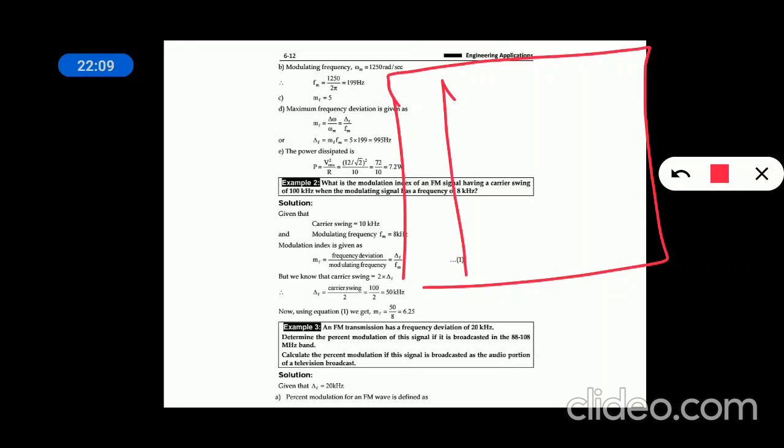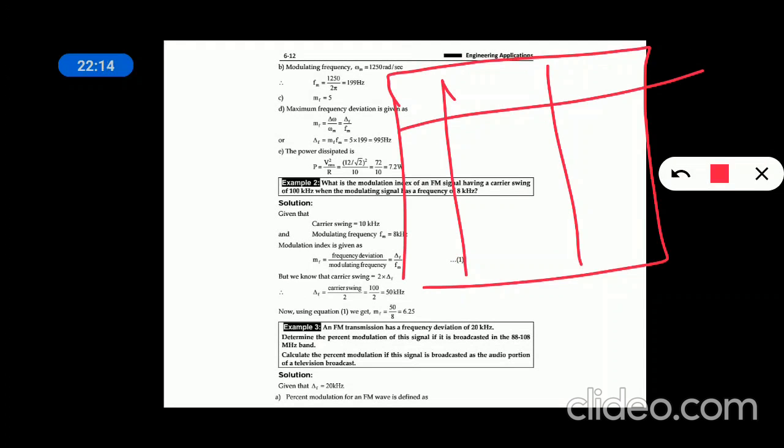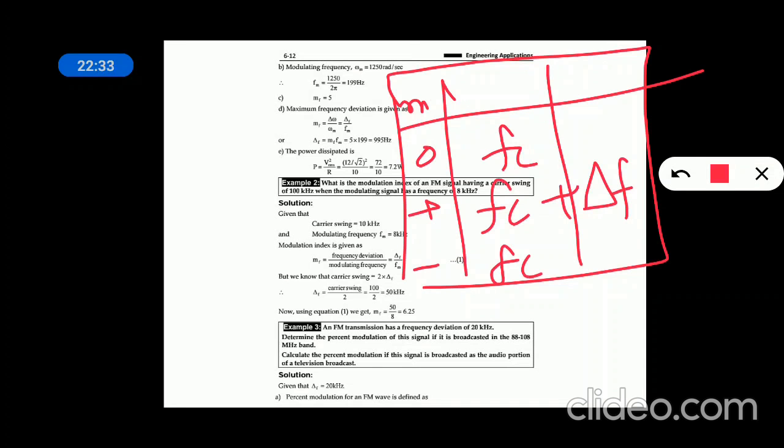Right. I'll draw three things. Here it is the message. When there is zero message, the frequency of the carrier is maintained as it is, Fc. When there is positive peak, the frequency of the carrier is increased by delta f. When there is negative message, the frequency of the carrier is decreased by delta f.